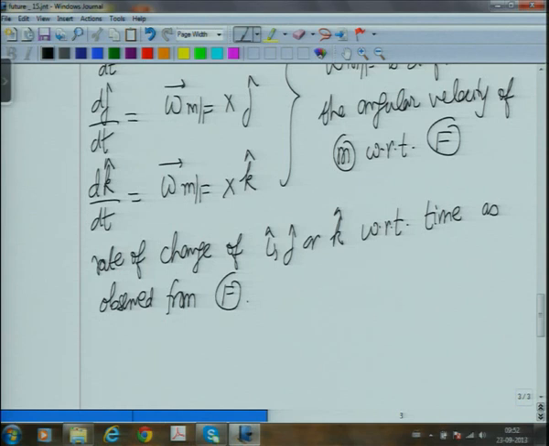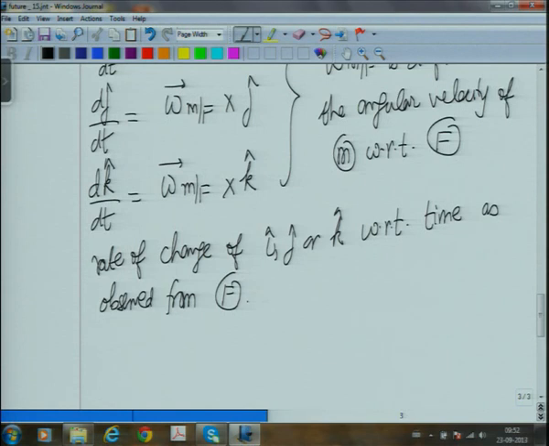Initially, I did not say they have to be parallel to capital I, capital J, capital K. It could be anywhere. That means, if you have any fixed line in the frame M, its rate of change as observed will be given by a unit vector along that line. It need not be along i, j, k. Any fixed line in the frame M will change its direction with this omega cross.